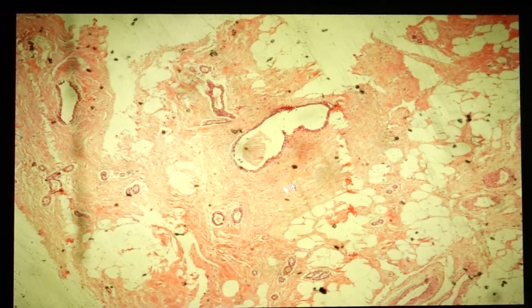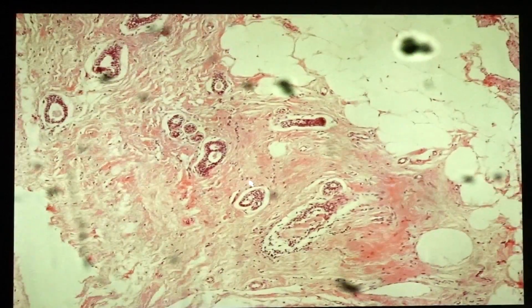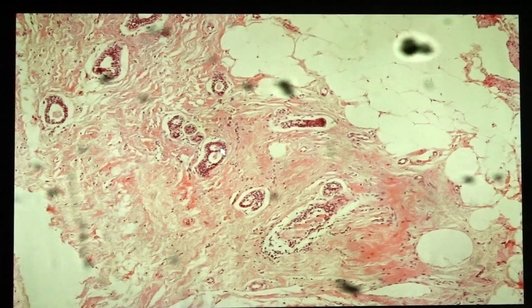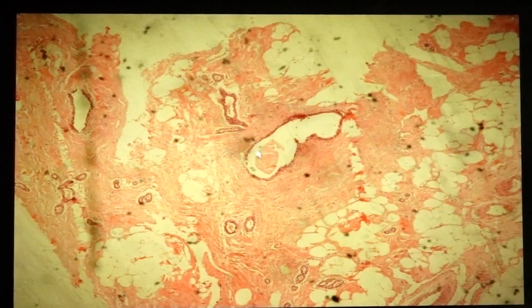Then we have fibrosis, and then adenosis would be the other one, wherein we would see the presence of ducts and ductules. Grossly there can be the presence of cysts because of the dilation of these ducts. They would appear to have a blue color appearance. That's why they are called blue dome cysts.